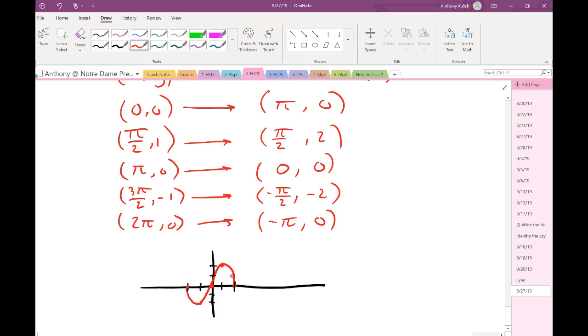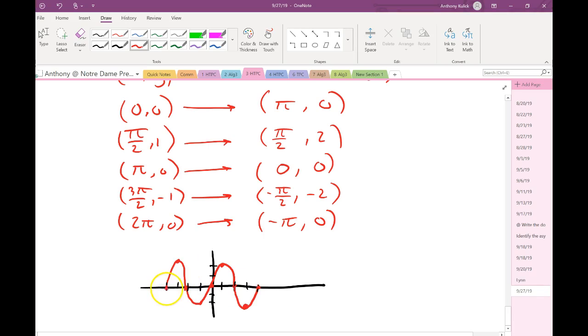And if I wanted to graph this over, say, from negative 2 pi to positive 2 pi and not just what I've done, what would I do? I'd just extend my graph in both directions. After this point should be the minimum, and then back to 0. After this point should be a maximum, and then back to 0.